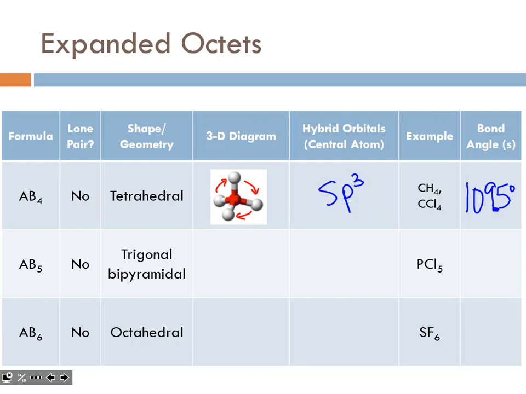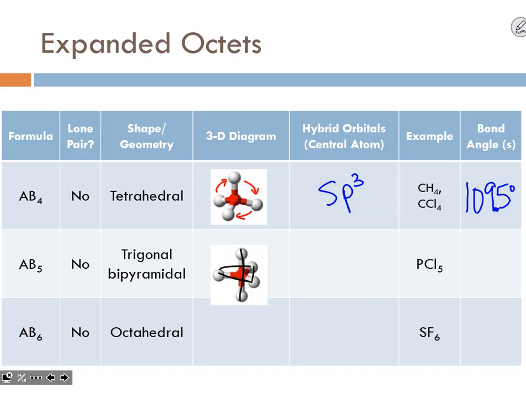Only 2 more to do and then you can do some practice. The trigonal bipyramidals. No lone pairs, 5 atoms attached. Now this one's an interesting one. What it really is, it's like a straight line right here, but then it's sort of like a flat triangle in the middle.